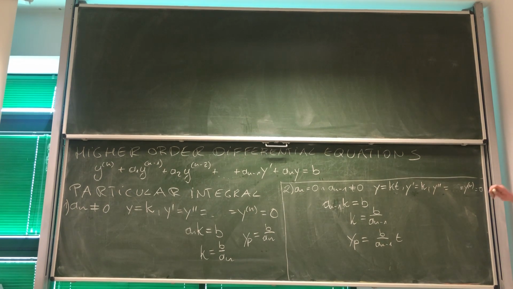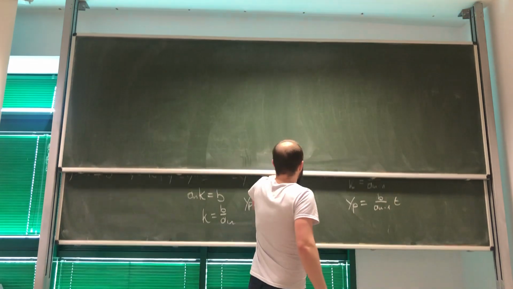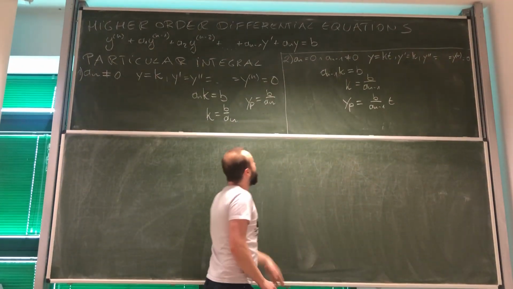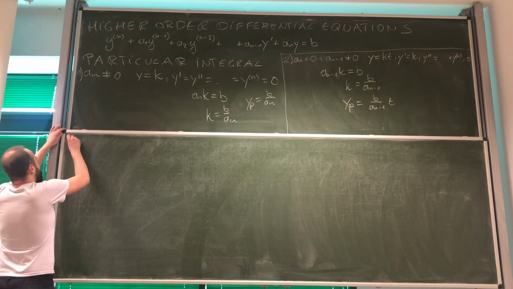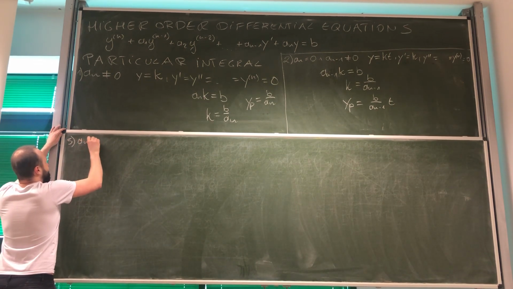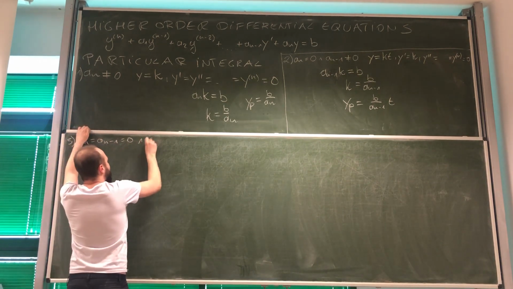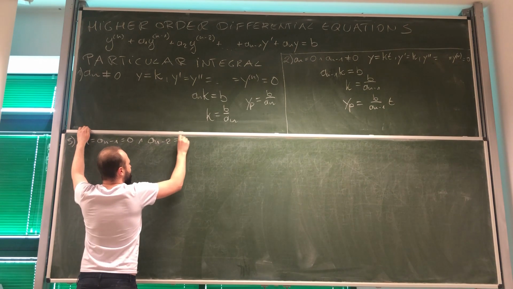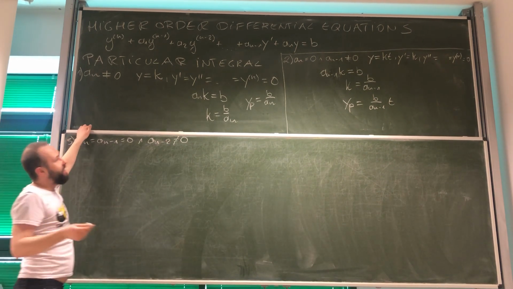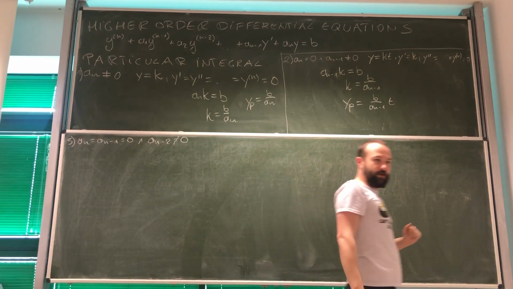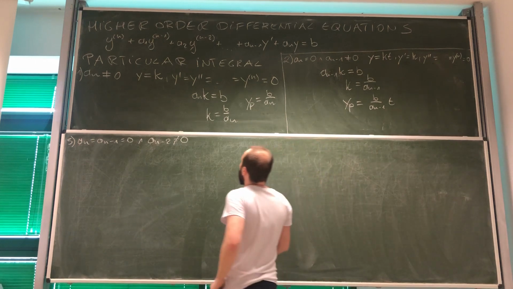So what do we do if now both a_n and a_(n-1) are 0? a_n equals a_(n-1) equals 0. However, a_(n-2) is different than 0. Again, we know that the previous solution is no longer going to work. So we need to try a slightly more complicated one.